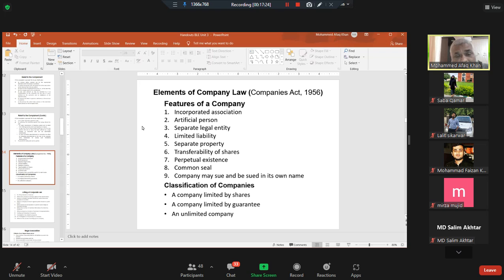So, suppose there's a car which is purchased in the name of the company, and suppose there's a managing director who uses that car. Later on, after retirement as managing director, that managing director cannot take that car to his home.